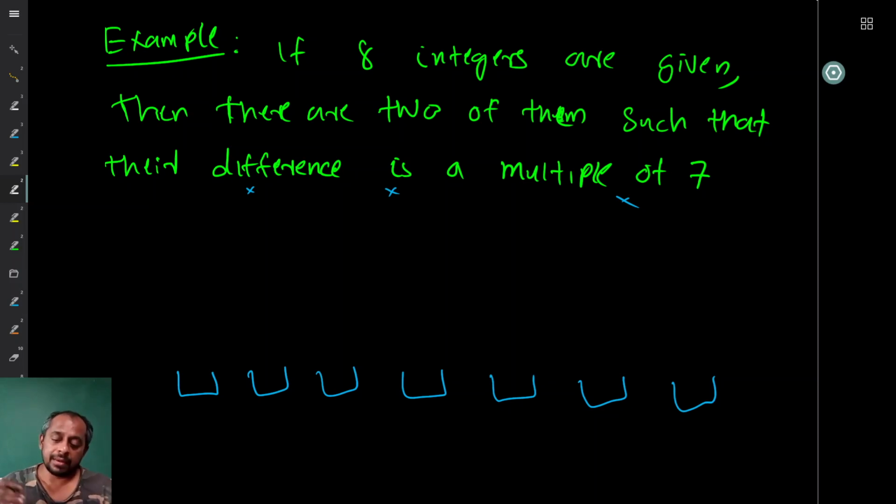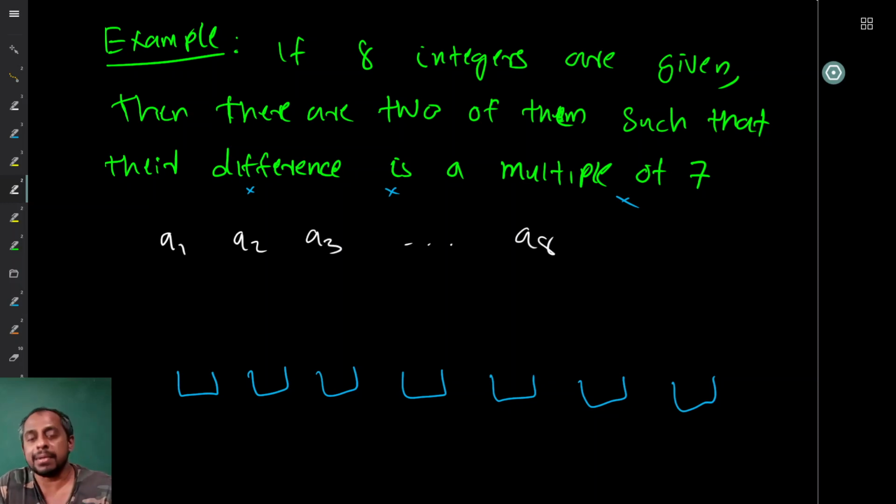Okay. So we are given 8 integers, and we have to show that the difference is a multiple of 7 for some pair of them. So what we are going to do is that we take our integers and divide all of them by 7, one by one. So I take the first number, let's say a1, then a2, a3, etc., a8, right?